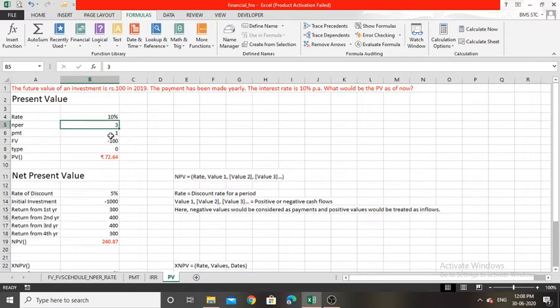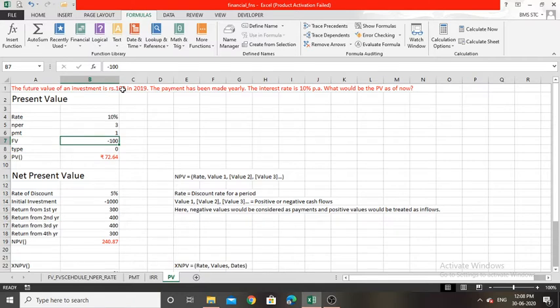It's 3. PMT is yearly, since the payment is made yearly, so it's 1. FV is 100. The future value of an investment is rupees 100, which means an outflow of cash of 100 in the future.